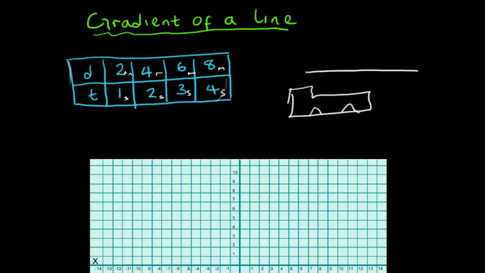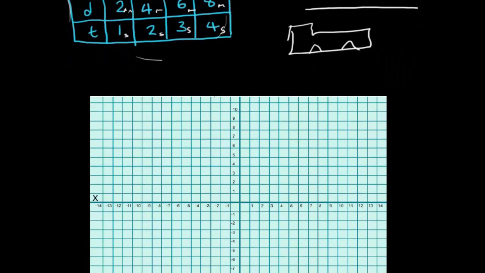Now we can plot this on a graph, and when we do, we have a straight line graph. Let's try that. So this is a graph here. Let's say on the y-axis we have the distance, and on the x-axis we have the time.